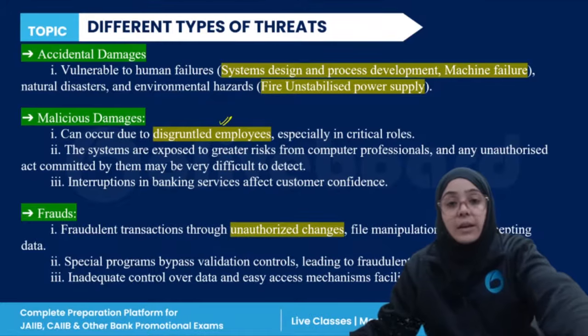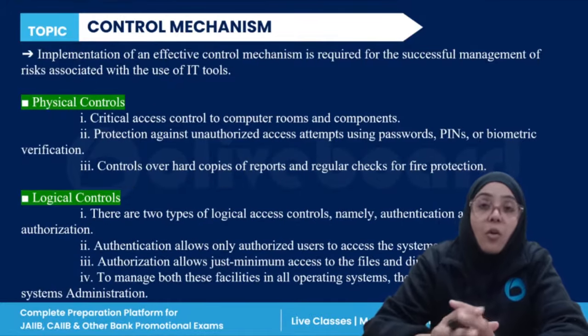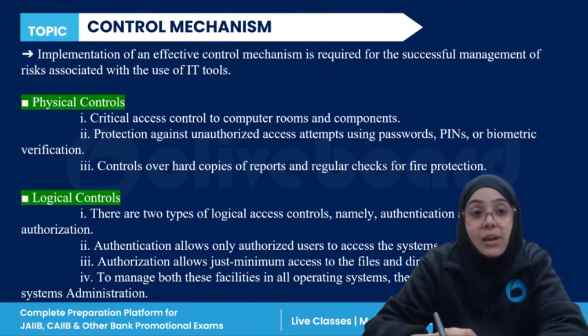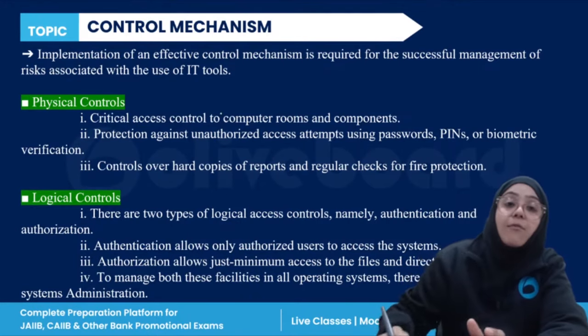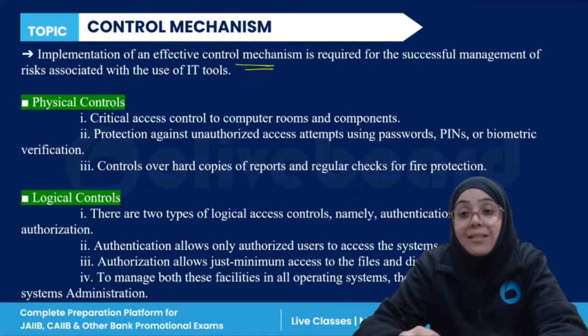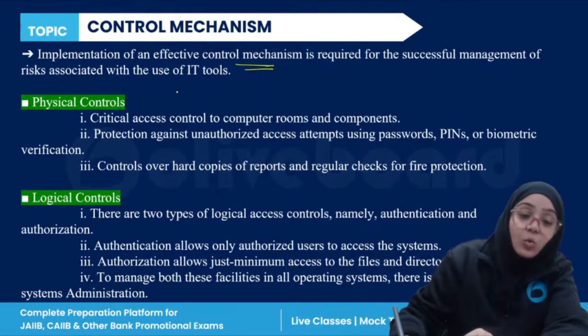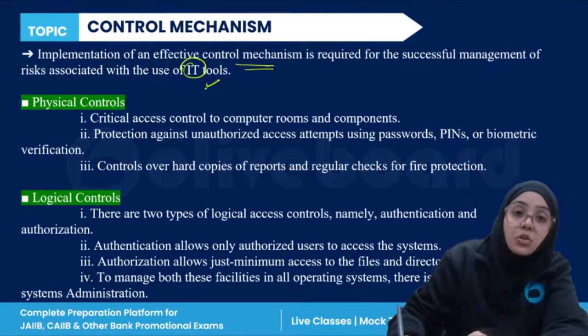Done. Okay, next thing. If we talk about the control mechanism, obviously we need to control each and everything. Implementation of an effective control mechanism is required for the successful management of risk associated with the use of information technology tools.